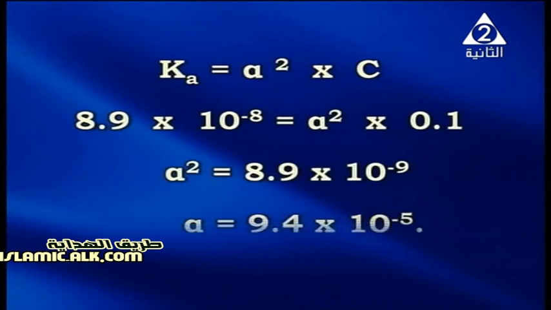Solution: as the equation of Ostwald's law is applied, Ka equals alpha square times C, so 8.9 times 10 to the power negative 8 equals alpha square times 0.1. So alpha square equals 8.9 times 10 to the power negative 9. So alpha equals 9.4 times 10 to the power negative 5.